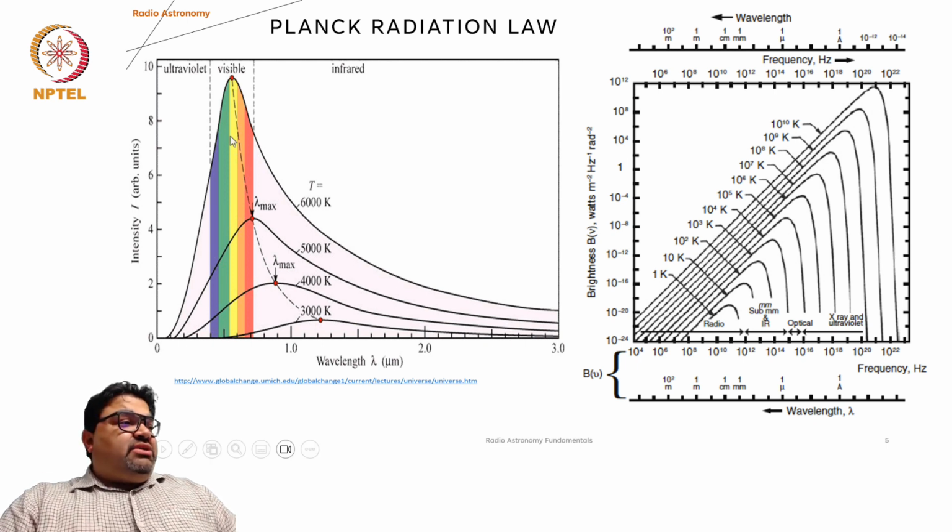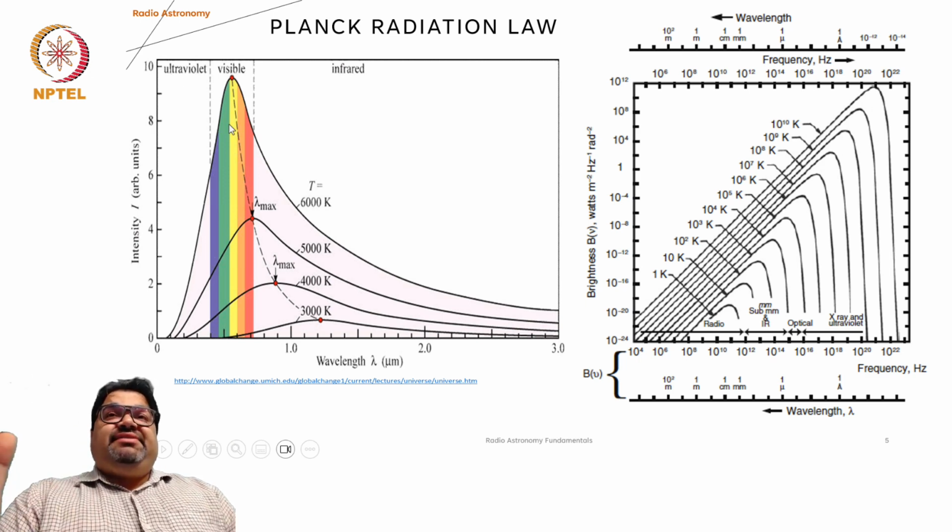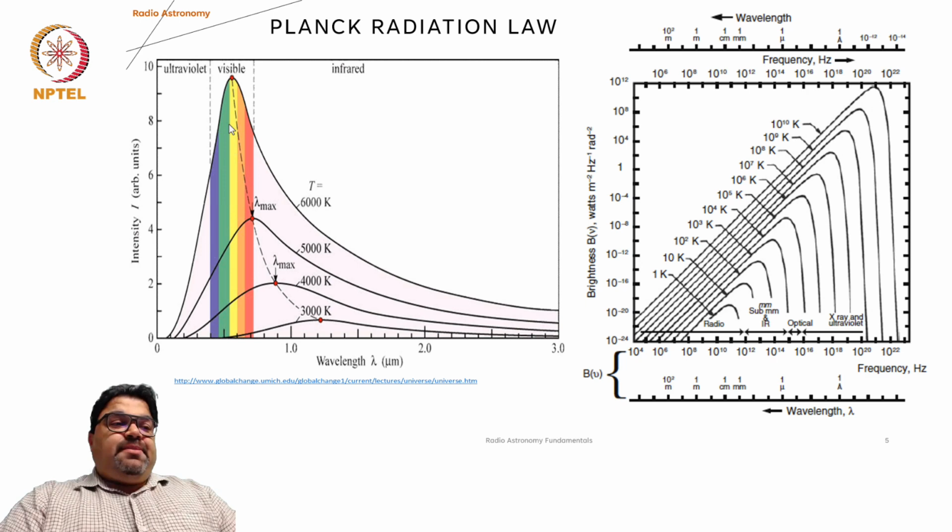The same is shown in this plot on the left hand side. There is ultraviolet, visible, and infrared, and as the temperature goes up, the location of the peak goes from infrared to visible to ultraviolet slowly. So that's a very significant result of Planck's law.